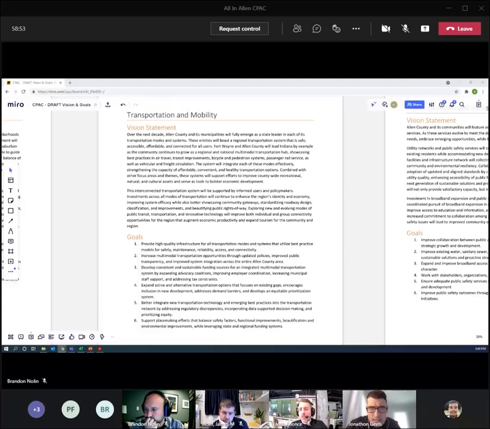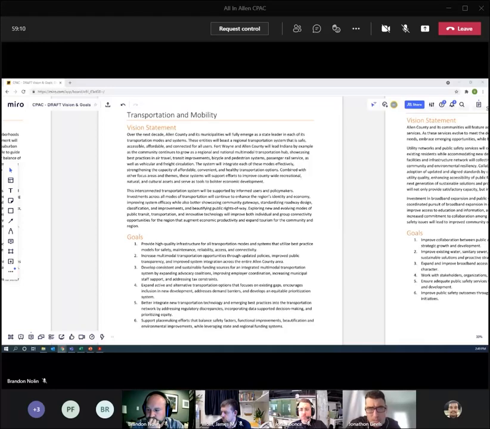Three, develop consistent and sustainable funding sources for an integrated multimodal transportation system by expanding advocacy coalitions, improving employer coordination, increasing municipal staff support, and addressing tax constraints.